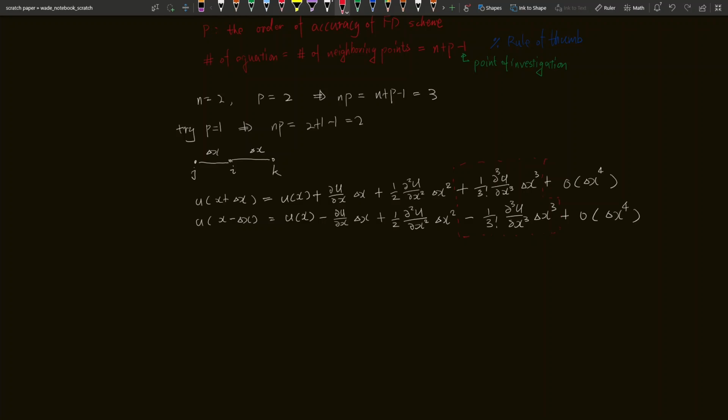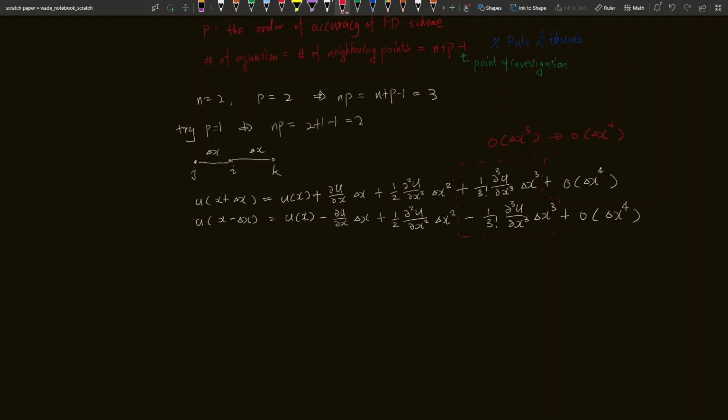So it doesn't affect our order of accuracy. So we are upgraded from the error of power of 3 to a higher order error. So the error is even smaller than our design.